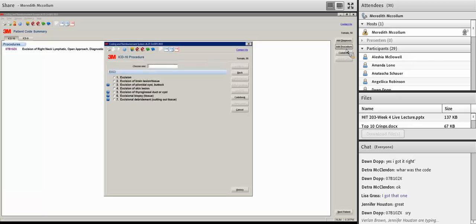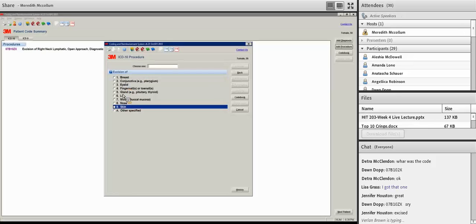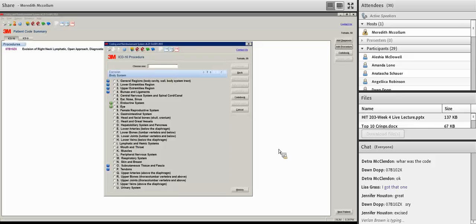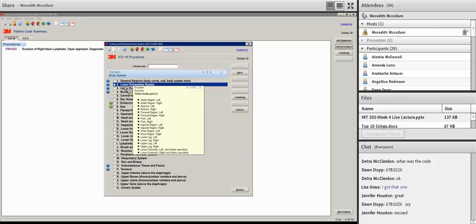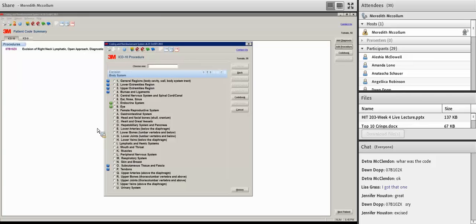So let's do that code. So excision, so it's not the total body part, and it's going to be other specified. This is the parathyroid. Hold on one second, because maybe, what are your all's thoughts on what the body system should be?